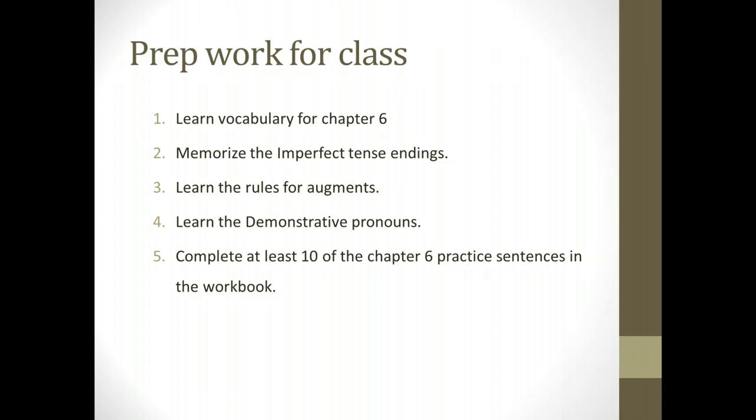And don't forget to keep in mind that on compound verbs, the augment appears between the preposition and the verb stem. Learn the demonstrative pronouns, which you should be able to do fairly easily because you already know all of the verb endings and the noun endings. It's just a matter of learning how they appear in the demonstrative. And then, as always, complete at least 10 of the Chapter 6 practice sentences in preparation for class.